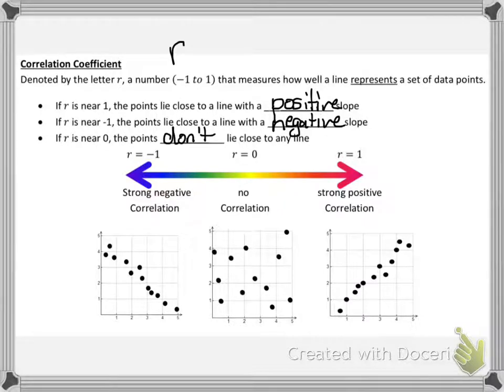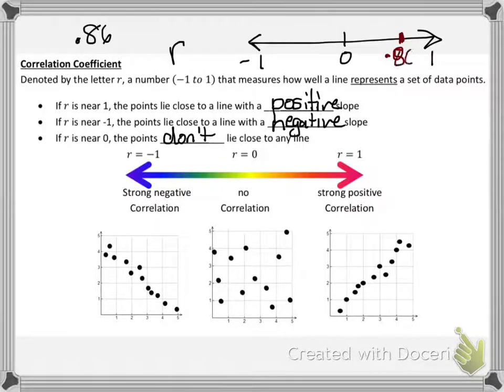Another way to think about it is to think of a number line where 0 is in the middle and you're going from -1 to 1. If my decimal is 0.86, where would 0.86 lie? It will be somewhere close to 1, not as close to 0.